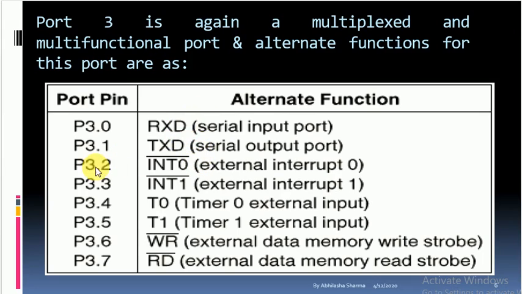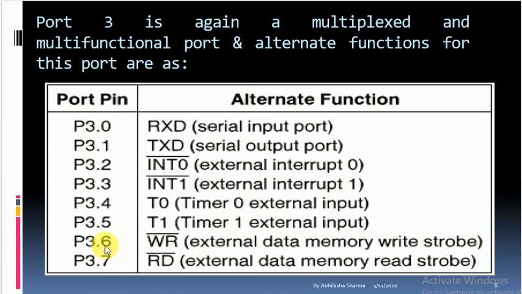Similarly, P3.2 and P3.3 are used for external interrupt 0 and external interrupt 1, and P3.4 and P3.5 are used as external timer input 0 and external timer input 1. And of course these two pins are also important.